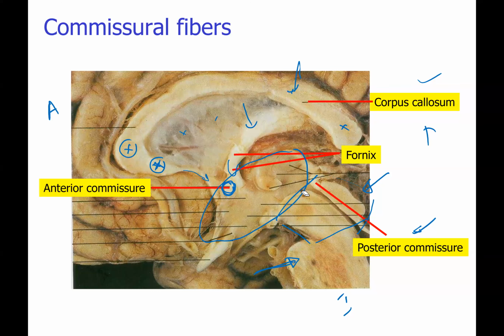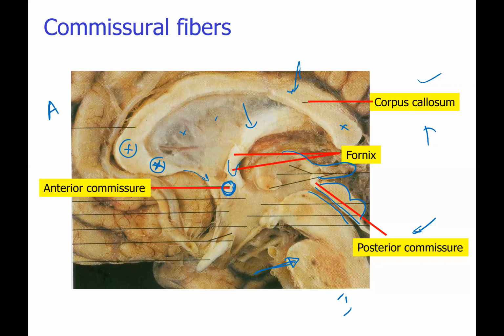Now, if you look here, this is the diencephalon. This is the pineal gland, which is part of the diencephalon. We'll get back to it later. And this is the superior colliculus and the inferior colliculus of the midbrain. This is the cerebral aqueduct, the aqueduct of Sylvius.